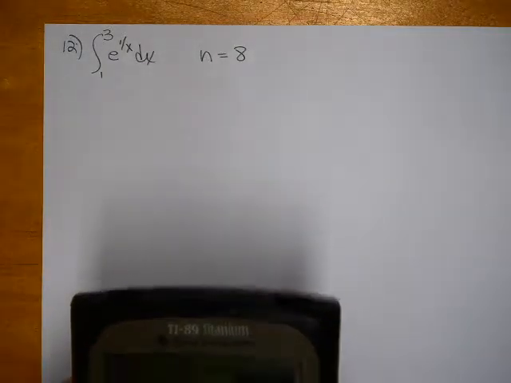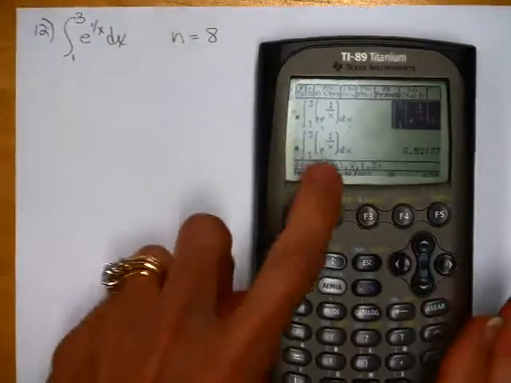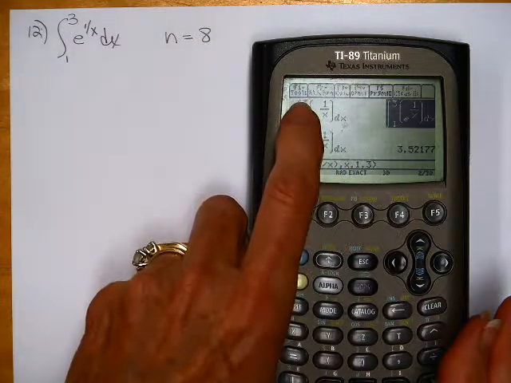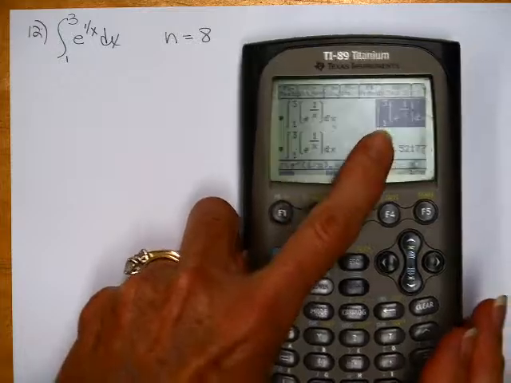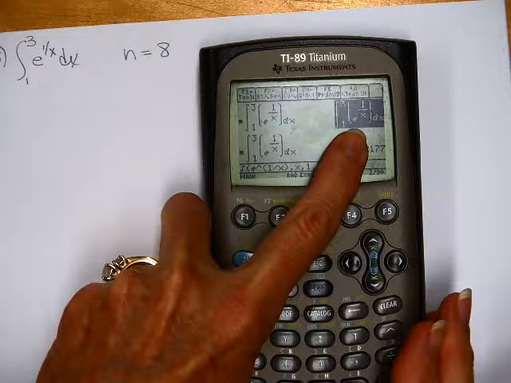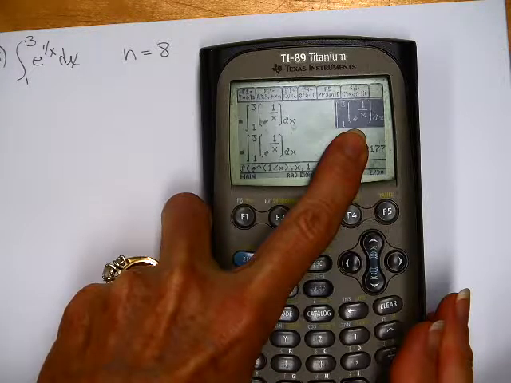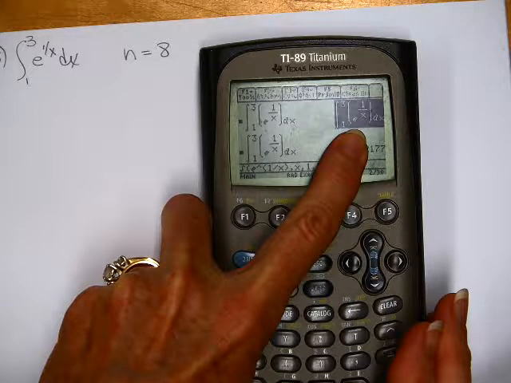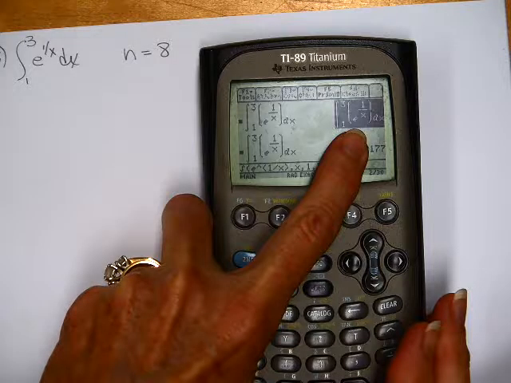Okay, right here, if you can see it. I put in the integral from 1 to 3 e to the 1 over x dx, and it spit out the integral all over again. It means it could not give me an exact answer. So my calculator had to use an approximate method to get the answer.